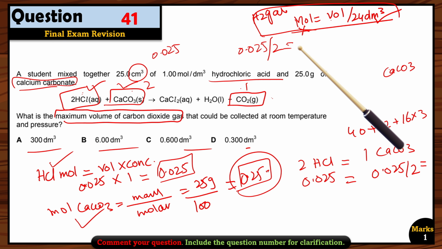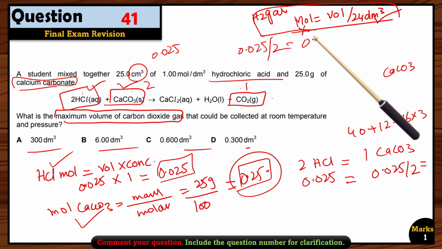You can also do the calculation with me and see the answer. Okay, let's see the calculation. 0.025 divided by 2 will be 0.0125.